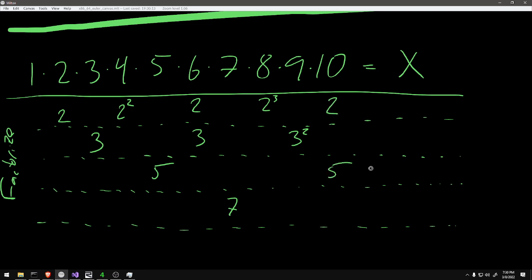Now, what I can do is say, okay, I need a number x that has the ability to be divided by 2 3 times, right? No matter how many times I multiply by 3, 5, or 7, x won't be able to be divided by 2 unless I put a multiple of 2 in there. It won't be able to be divided by 8 unless I put 3 multiples of 2 in there.